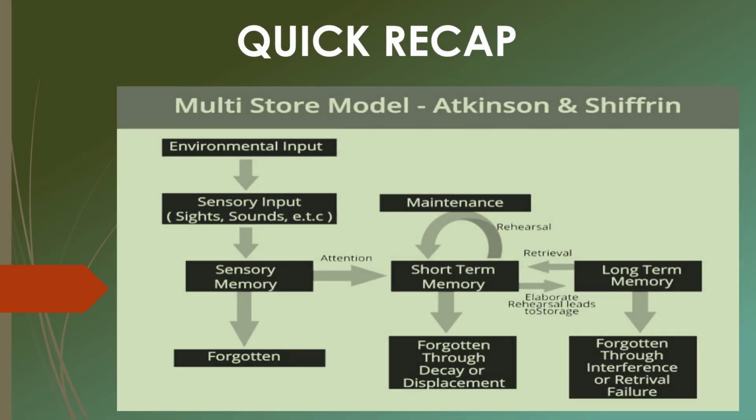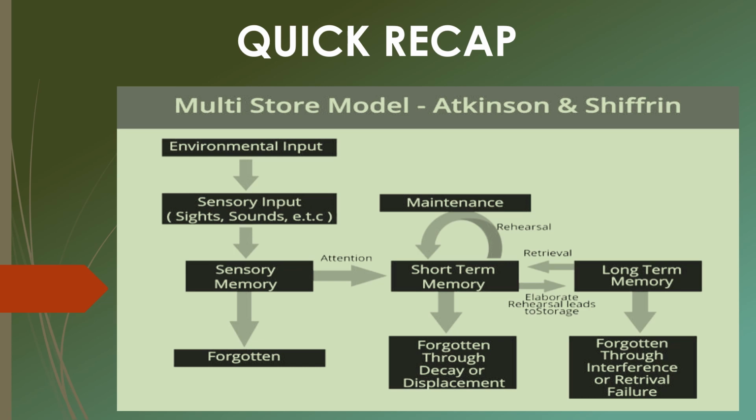Now let's have a quick recap on what we have learned. We have learned the multi-store model, or the stage model, of Atkinson and Shiffrin. The information from the environment first enters the sensory memory, where it is held briefly for a few seconds. Then, if the information is attended to, it is transferred to the short-term memory. There, it is held for about 20 seconds with active rehearsal.